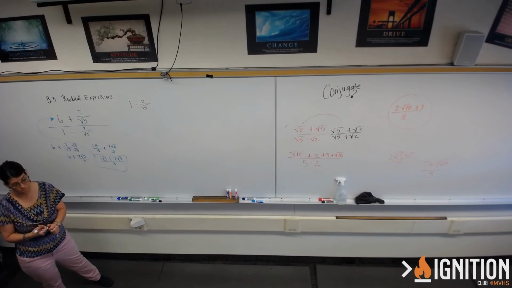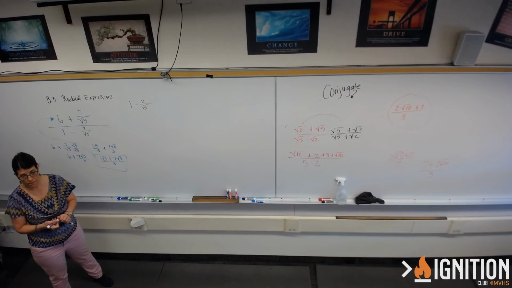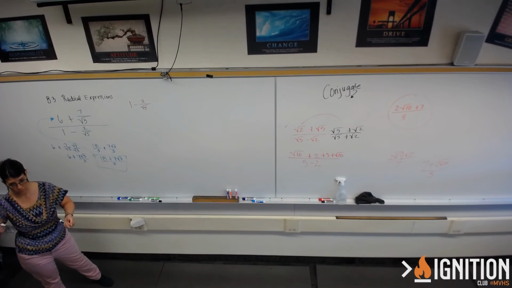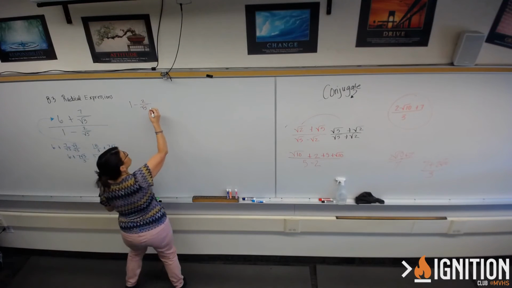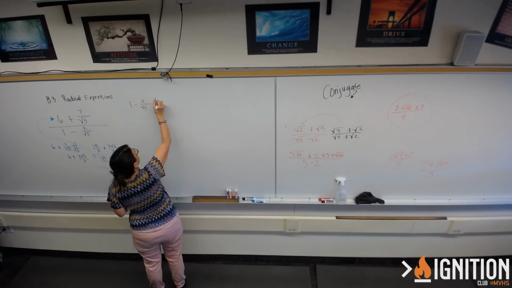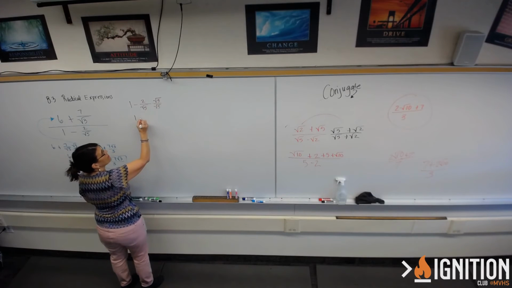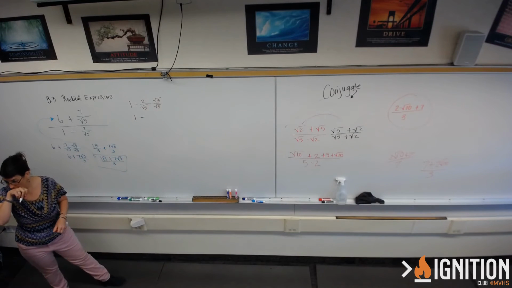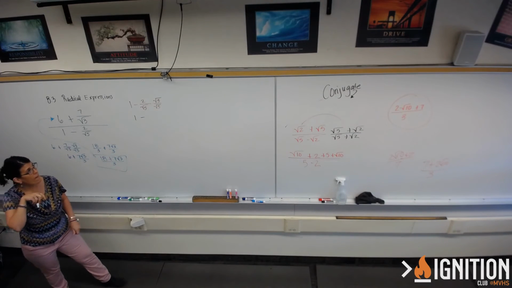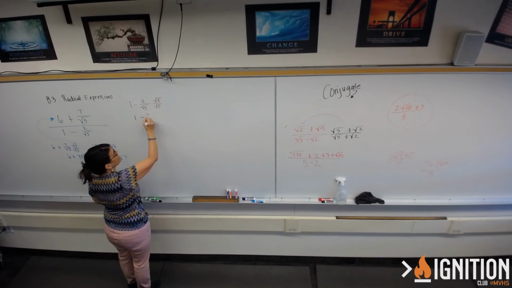Where should I start? Nate? Multiply numerator and denominator by square root 5. Great. I'm going to multiply by root 5 over root 5, which gives me 1 minus what? Fantastic. 2 root 5 over 5.